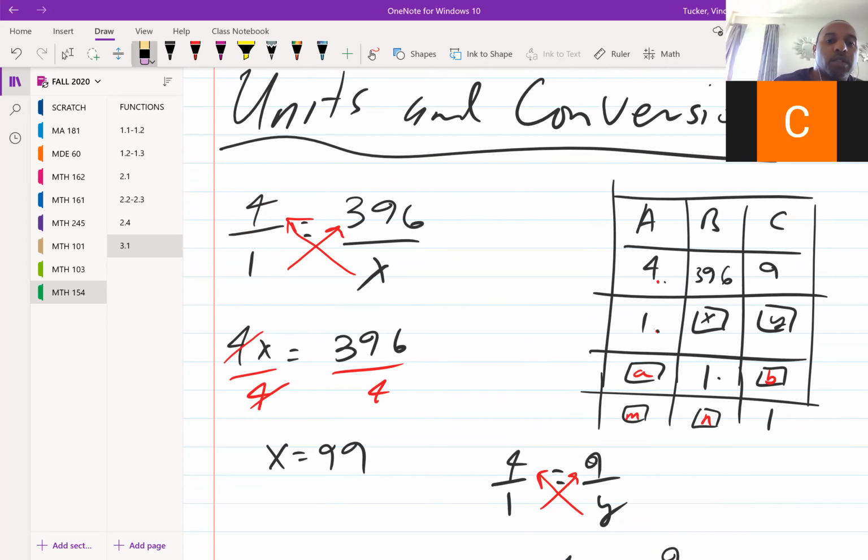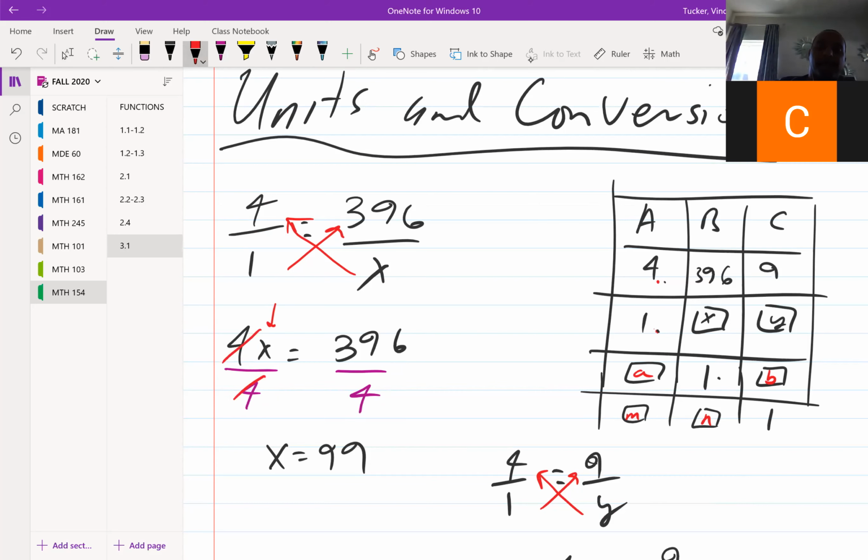Oh, okay. Yeah, so when you cross multiply, this is where you are. 4 times X and then 1 times 396. And so your goal now is to solve for X. So in order to solve for X, you have to divide both sides by 4. Okay. Yeah, 4 over 4 will cancel. Okay, thank you. Yeah, no problem.